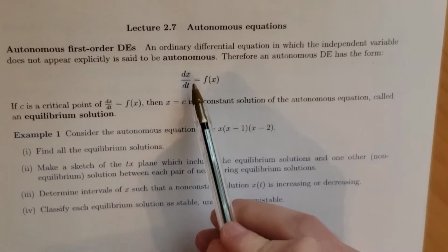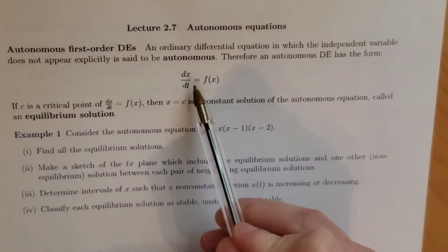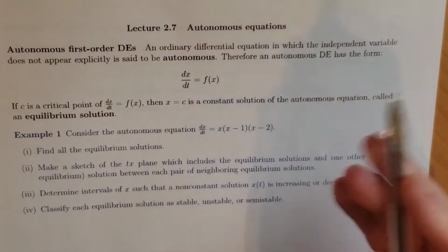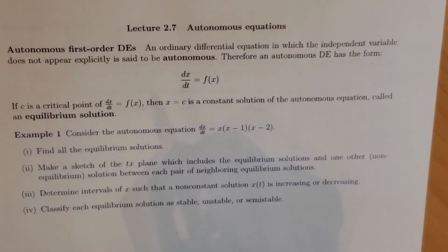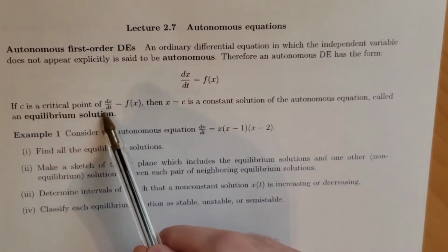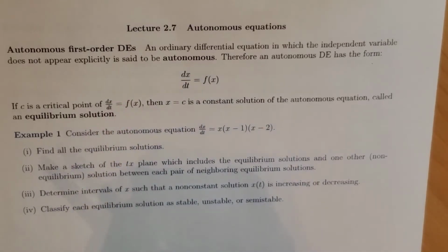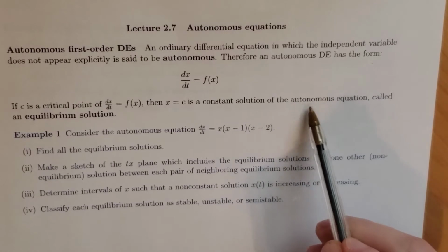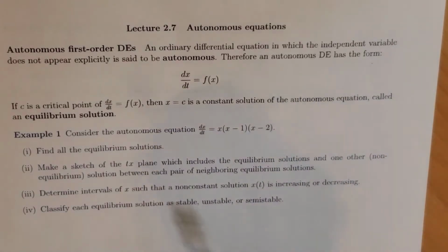So we have some derivative of the function x with respect to t is just equal to some function of x over on the right-hand side. It turns out that if c is a critical point of dx/dt equal to f of x, then x equals c is a constant solution of the autonomous equation, and we will call that an equilibrium solution.